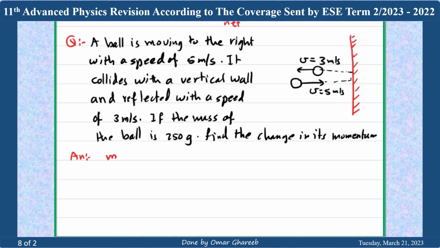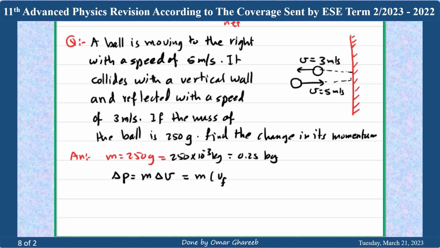First, the mass is 250 grams, which is forbidden to use. Convert to kilograms: 250 times 10 to the minus 3 kilograms. It is 0.25 kilograms. Now, the change in the momentum is m times the change in the velocity, which is m (v final minus v initial).